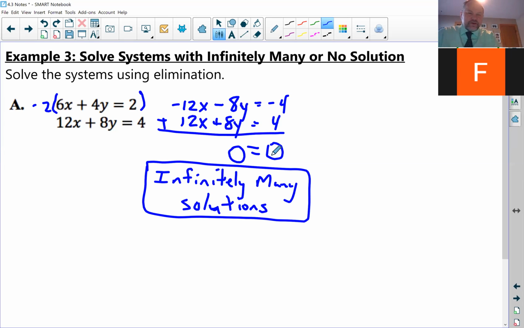It could be any number equal to itself. With elimination, it has to be 0 equals 0. And again, it's a little bit faster if you get infinitely many solutions than actually finding an x and a y value that work.